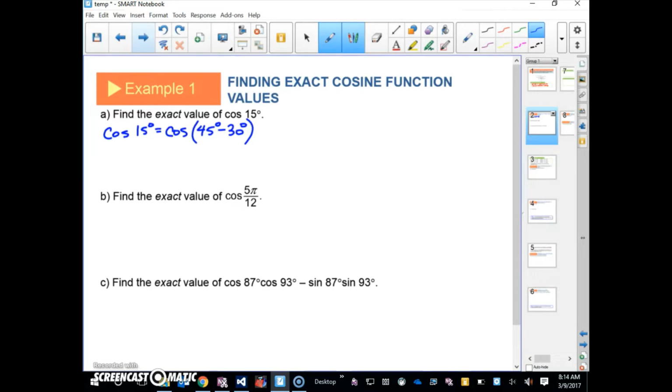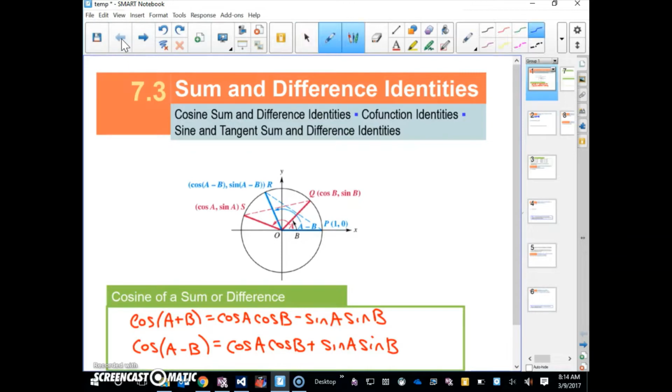Cosine 15 degrees equals cosine of 45 minus 30. Certainly you know that that's true. But using a formula, go back and look at our cosine difference formula. That'd be 45 minus 30 there. So we've got cosine of the first one, 45, cosine of the second one, 30, plus sine of that 45, sine of that 30.